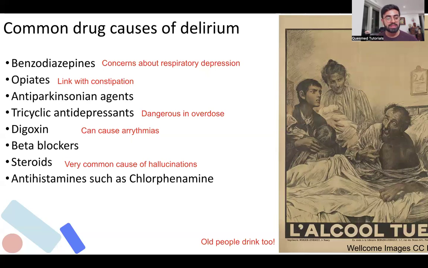Steroids can cause well-documented steroid-induced psychosis, and as part of that, quite vivid hallucinations. And as the question mentioned, first generation antihistamines such as chlorphenamine. And at the bottom, they're very important: alcohol. Old people drink too. So always ask that in your history, because what may be normal for them may actually be excessive, and they may have been doing it for a long time.